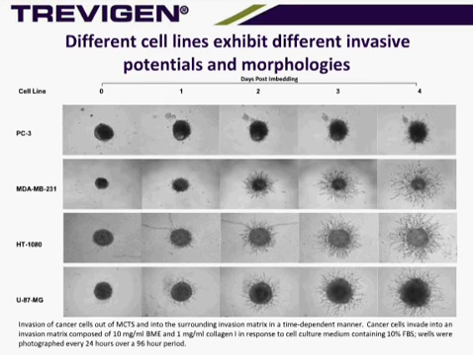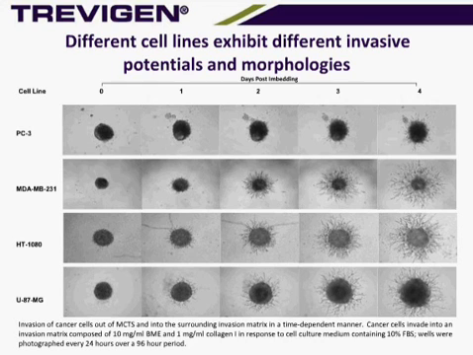All right, and our next slide, just want to show that different cell lines exhibit different invasive potentials and morphologies. As we can see here, we have PC3, prostate cancer, MDA MB231s, which are breast cancer, HT1080s, which are human fibrosarcoma, and U87MG, which are glioblastoma, astrocytoma. With the PC3s, we do not have the same level of response as we see with the other cell lines.